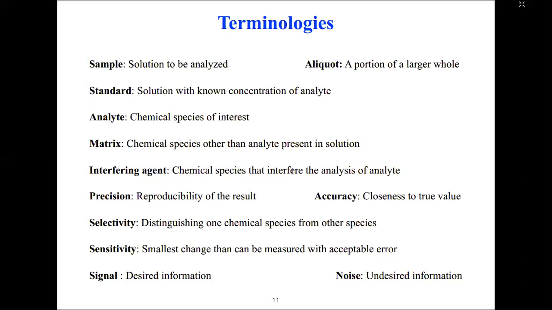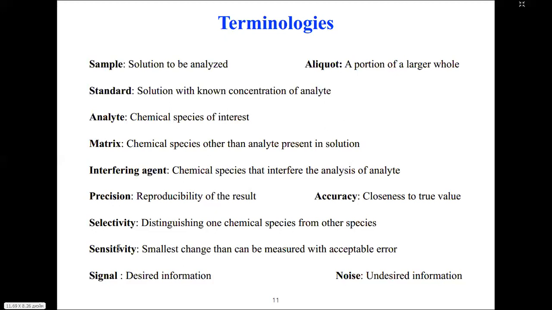Sensitivity is the smallest change that can be measured with acceptable error. So this sentence also tells you that there are always going to be some types of error in the measurement. If it is the smallest change that you can measure with acceptable error, then it is the sensitivity. For example, you have a ruler, the scale.